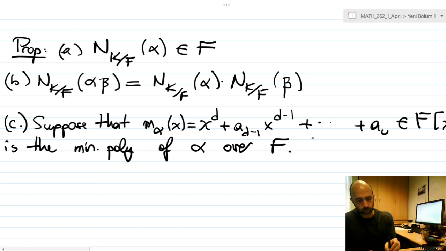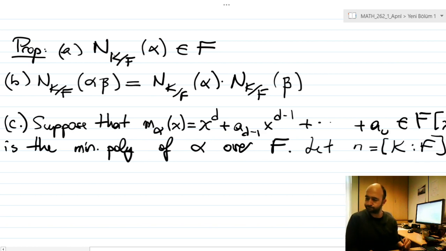Let's also let n be the degree of K over F. Then d divides n.